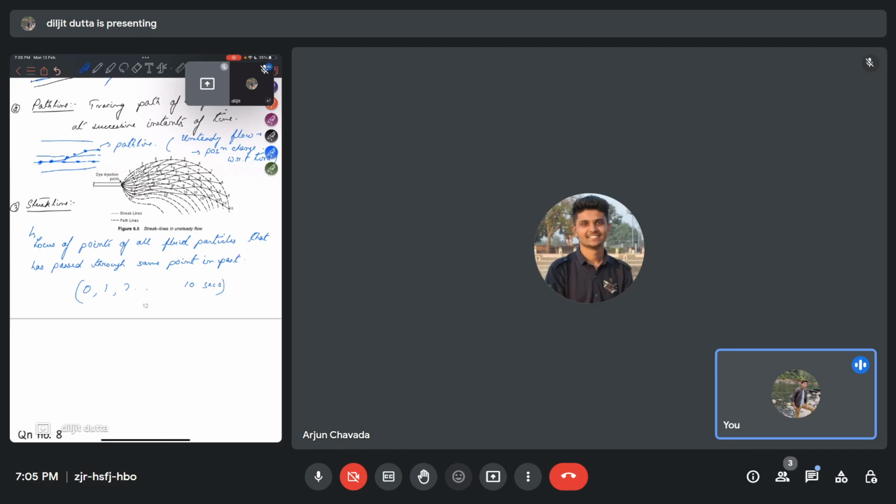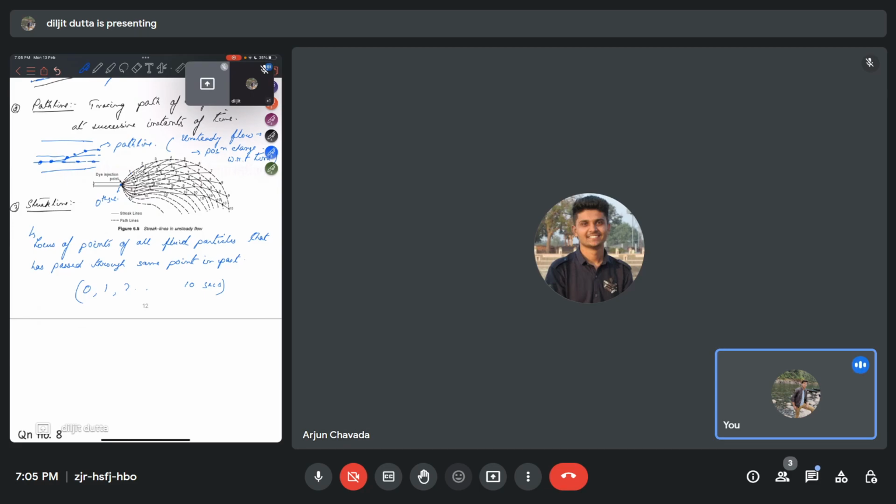The first particle will be coming out from here at the 0th second. We are mentioning the position of the first particle at subsequent times: at 1 second it will be here, at 2 seconds here, 3 seconds, 4, 5, 6 seconds, like that. So the first particle is following this path line.